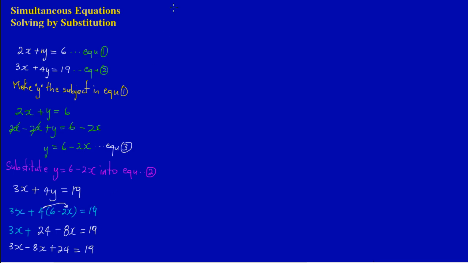Let's just continue up top. Here where we left off, 3x minus 8x will give me a negative 5x, plus 24, and that is equal to 19.